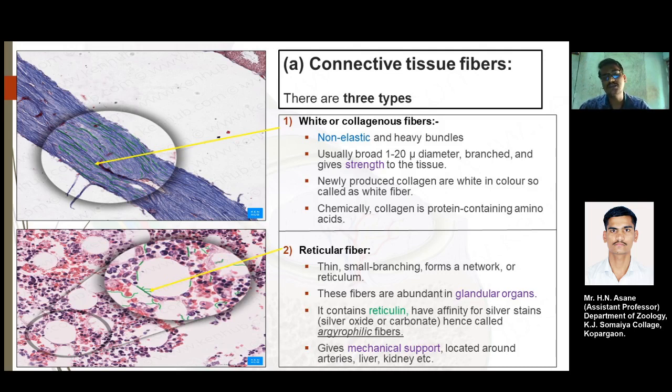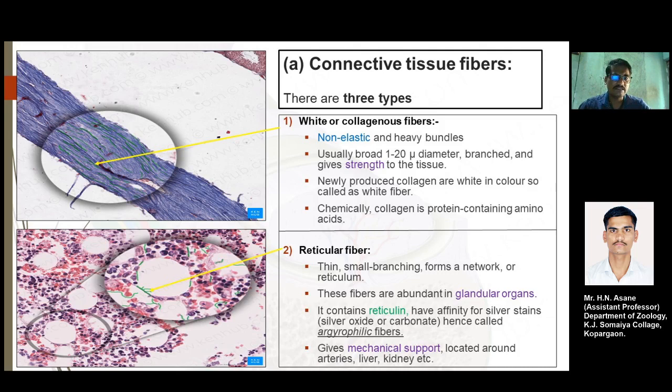The second one is the reticular fiber. Reticular fiber is a thin fiber, a small branching fiber that forms a network, a reticulin, known as a reticulum.